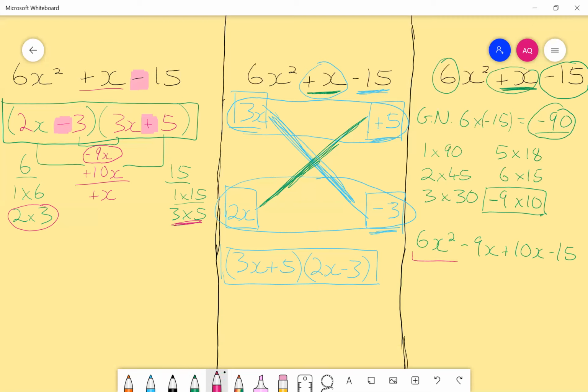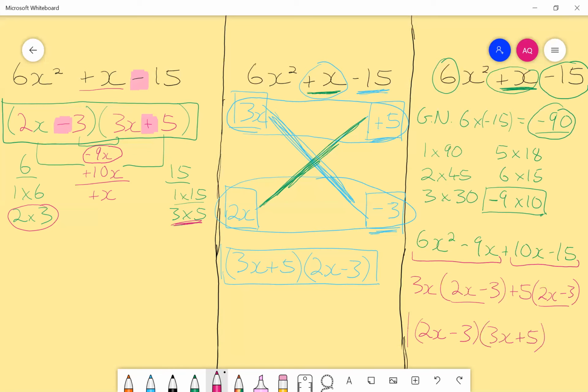Then we'll group it. And 3x goes into this. How many times? 2x minus 3. And then plus 5. And how many times does that go in? Hopefully the same. 2x minus 3. The brackets match, which means our final answer is 2x minus 3, 3x plus 5.